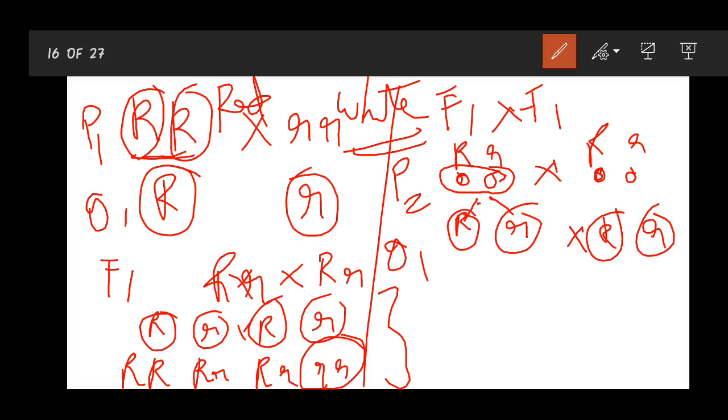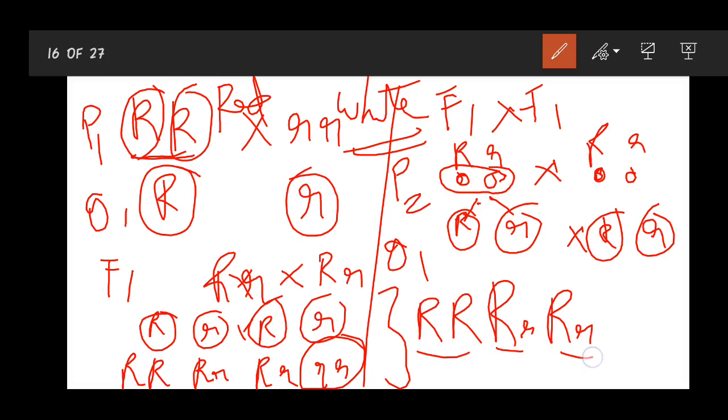And the law of segregation was proved only because you get these offsprings which are formed. This is proved only because you get this particular result here.